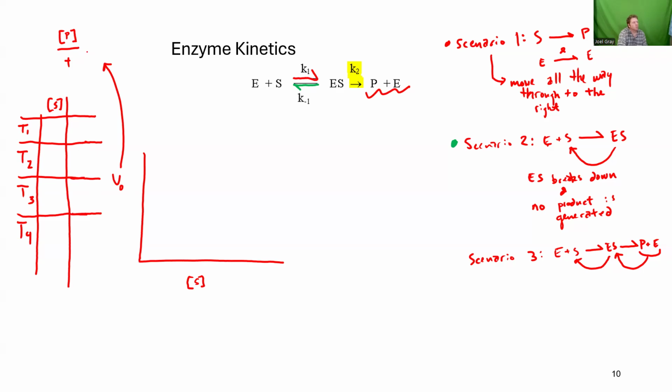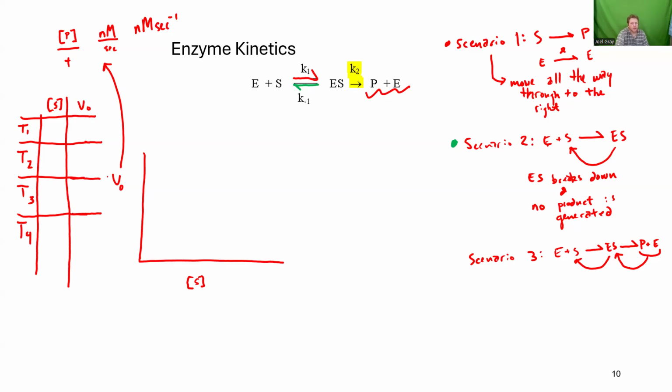So when it comes to specific units, it's pretty common to see something like nanomolar per second, and sometimes you'll see that written as nM sec to the negative first.